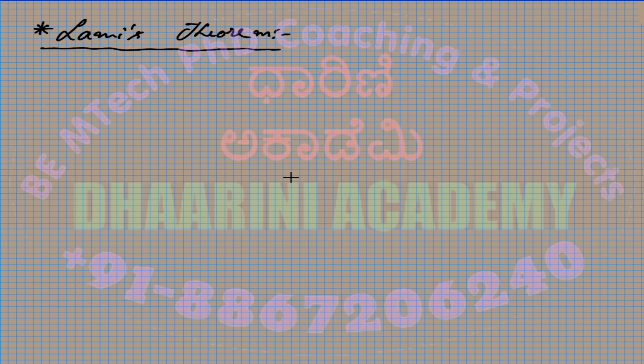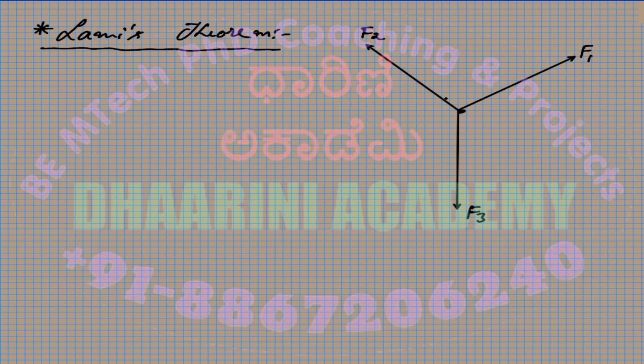Let us say there are three forces acting at a particular point. Let us try to denote the forces in the following fashion: this is denoted by force F1, this is F2, and a force F3.